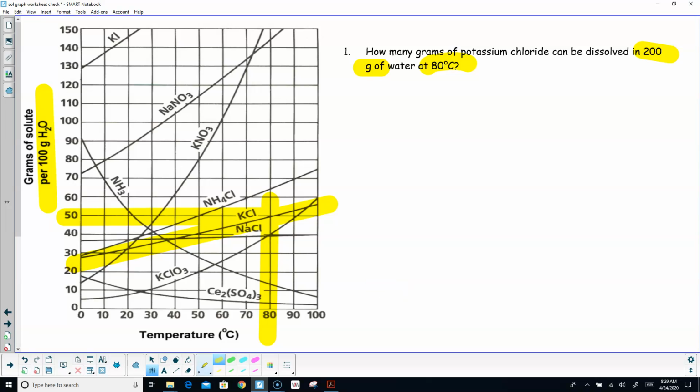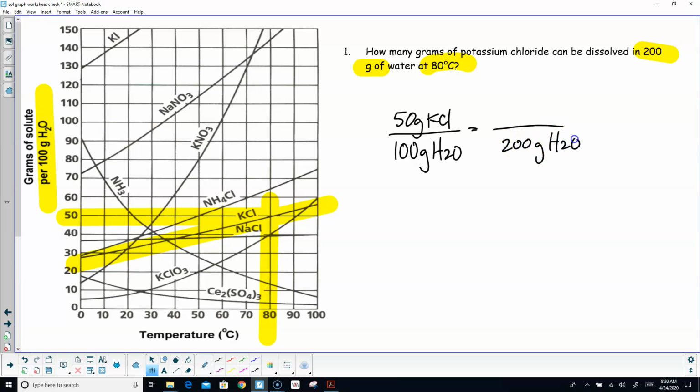So basically, and you can probably do this in your head, I'm guessing, but essentially we say there are 50 grams of potassium chloride that will dissolve in 100 grams of water at that temperature. Well, we don't have 100 grams of water, we have 200 grams of water, and we want to know how much salt could be dissolved.